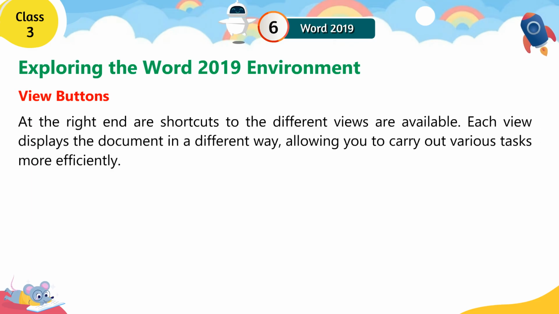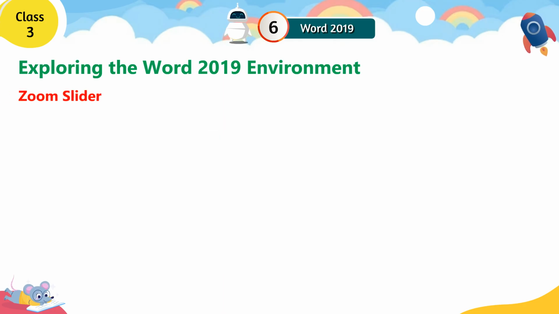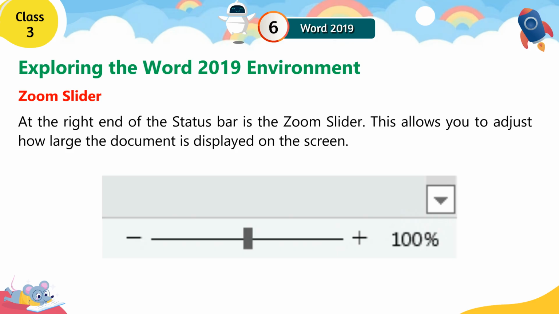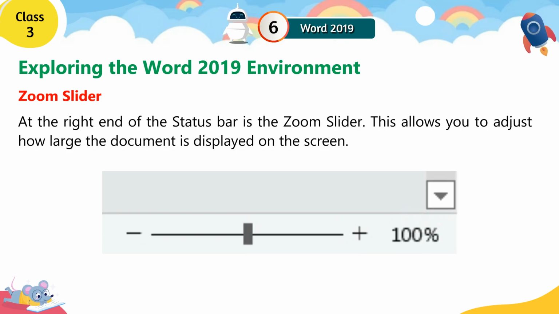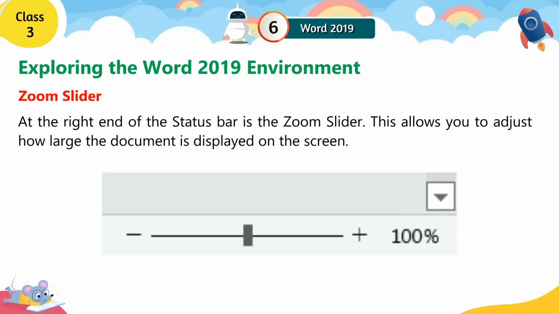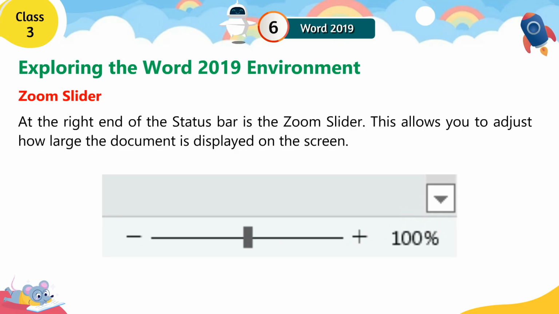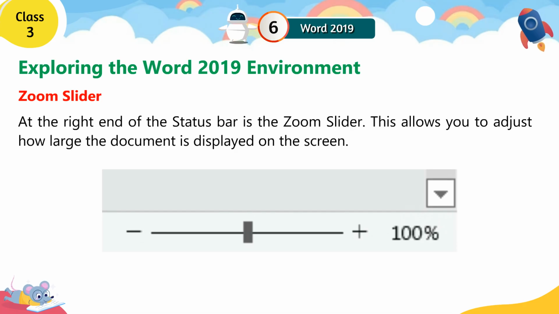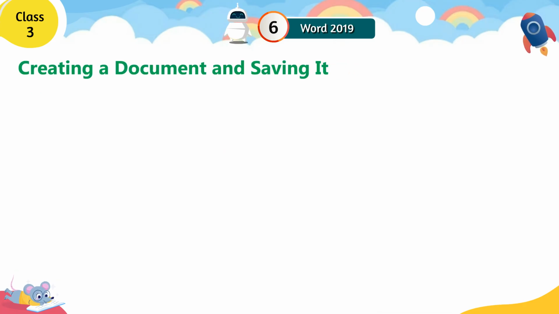At the right end are shortcuts to the different views available. Each view displays the document in a different way, allowing you to carry out various tasks more efficiently. Zoom slider. At the right end of the status bar is the zoom slider. This allows you to adjust how large the document is displayed on the screen.